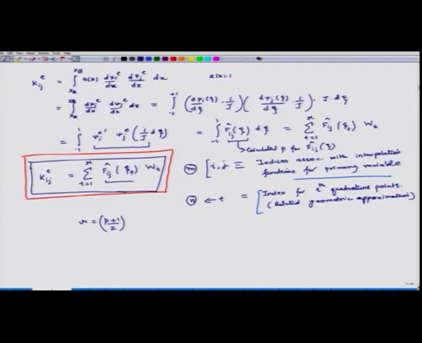Now, we will actually calculate K_ij for a quadratic function. So we are assuming psi_i to be quadratic. This means psi_i e prime is linear.